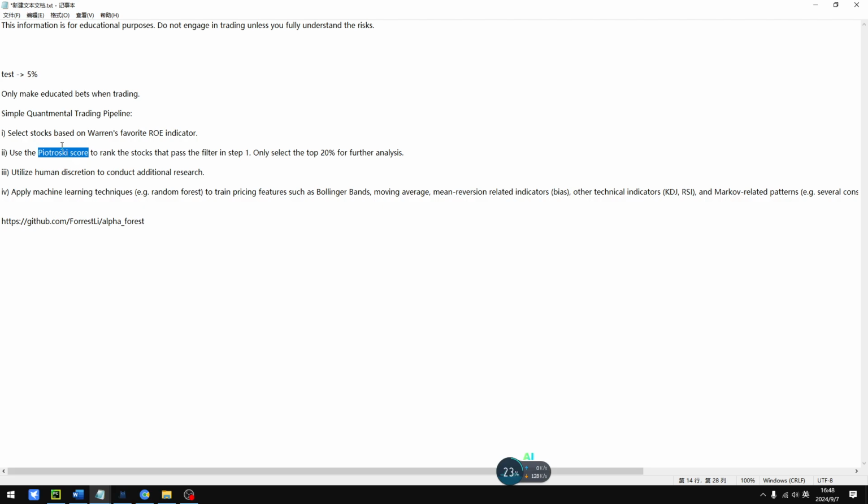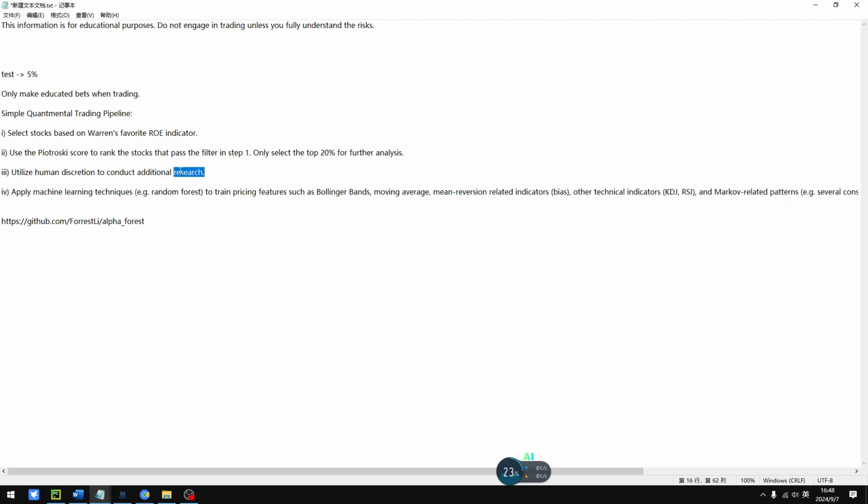Purely by using Piotroski scores, people can already achieve, let's say, over 20% annualized returns over the past few decades. So that is also quite amazing. So in this tutorial, the second step is to use the Piotroski score to rank the stocks that pass the filter in the first step.